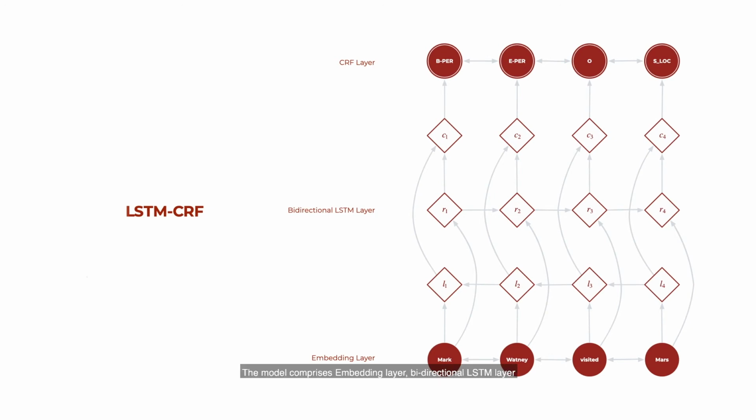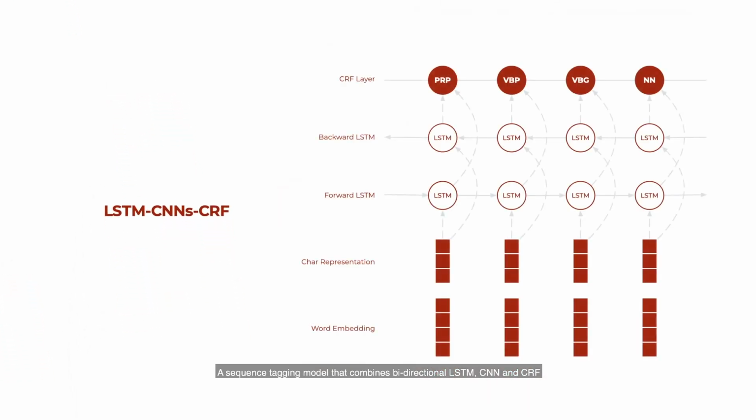The model comprises an embedding layer, a bidirectional LSTM layer, and a CRF layer from bottom to top. A sequence tagging model that combines bidirectional LSTM, CNN, and CRF has been successfully applied to named entity recognition. This model is very similar to the LSTM-CRF model, except that the character-level vector representation of each word is added to the embedding layer.